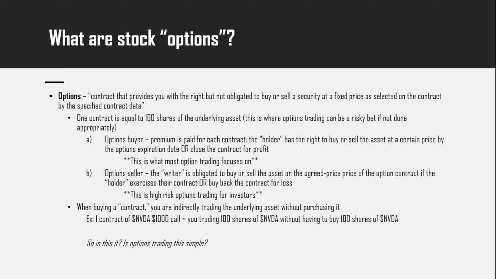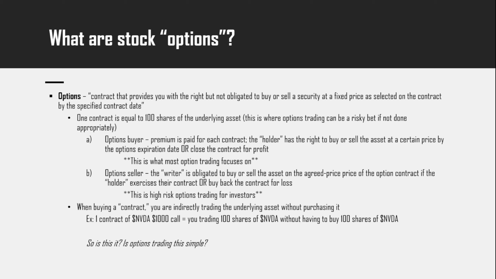I'm not sure if a lot of people know that an option is pretty much a contract that gives you the right to buy or sell a security at a fixed price by a specified date. One contract is usually 100 shares of any equity you're choosing to play.